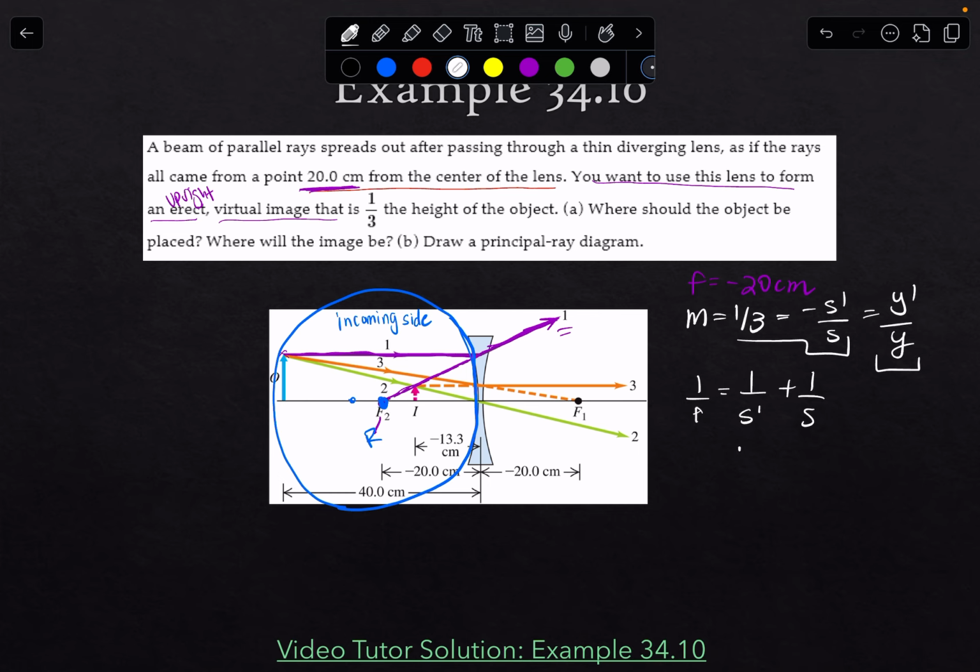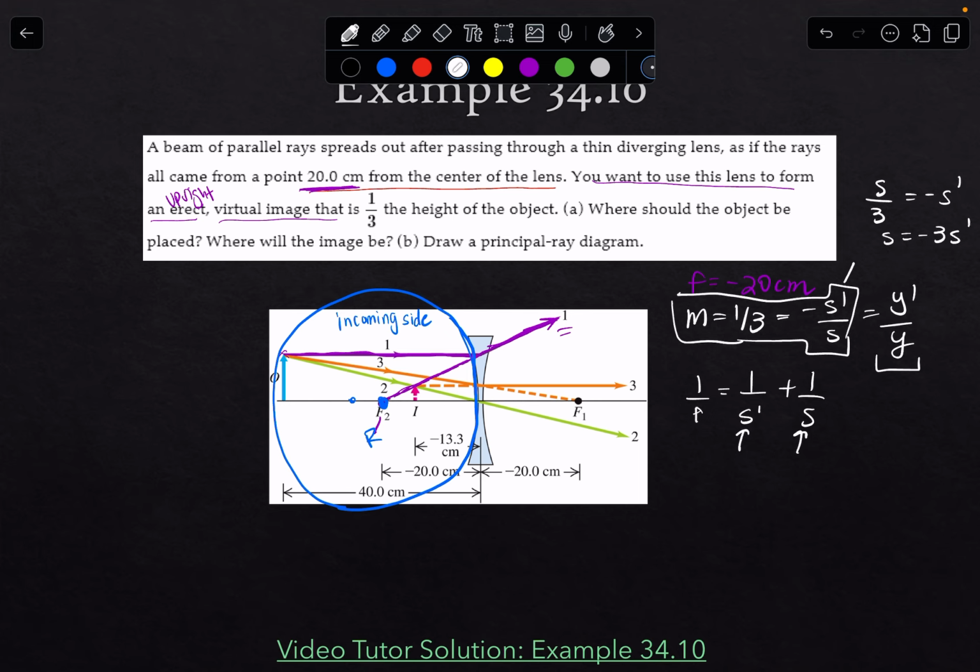We don't have anything to plug in directly for S prime and S, but we do have a relationship to plug in. So let's spell out that relationship. It comes from this right here: S over 3 equals negative S prime, or we could say S equals negative 3S prime.